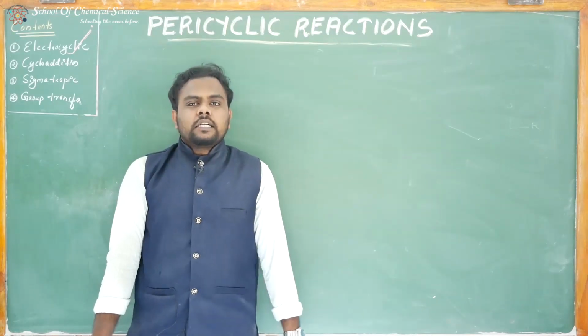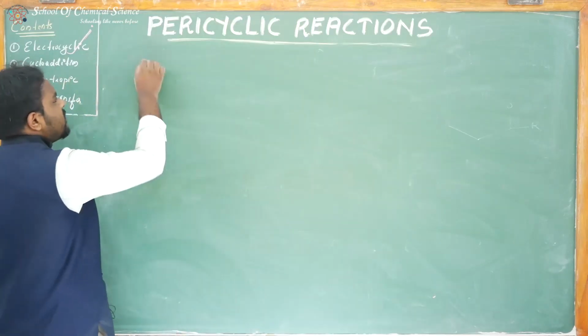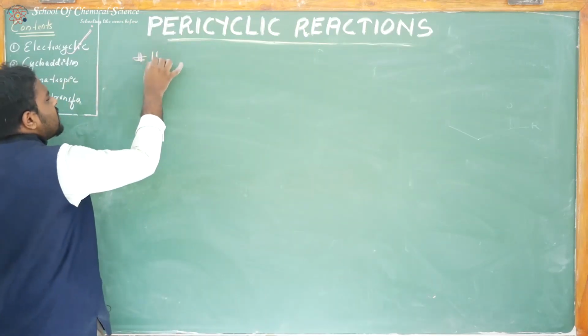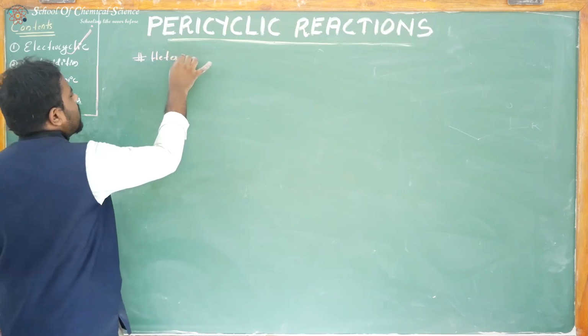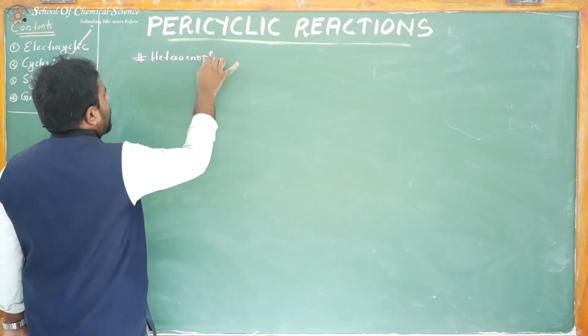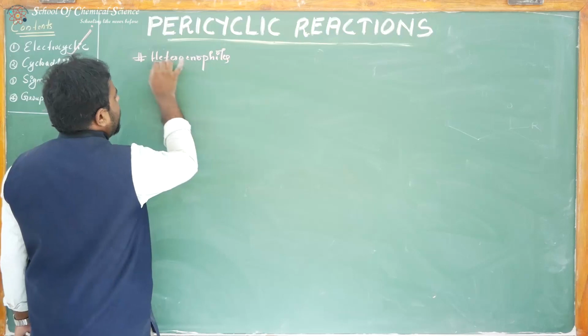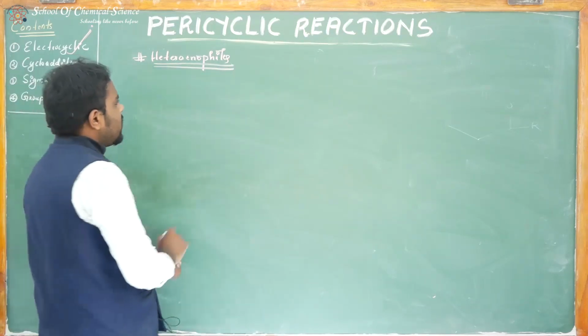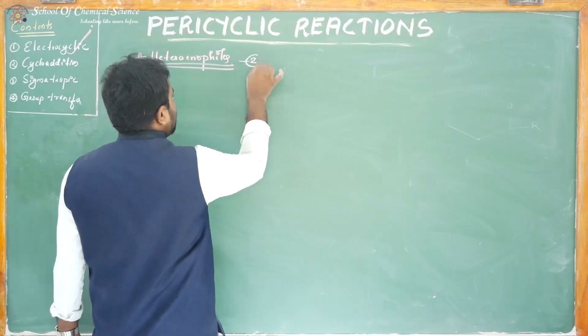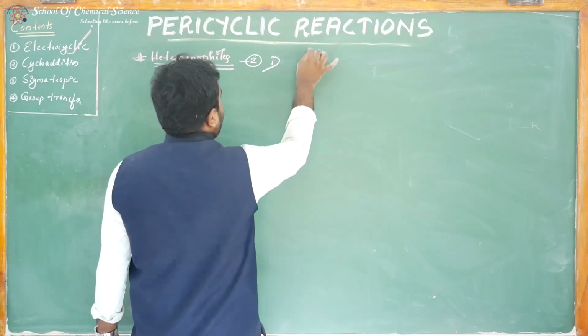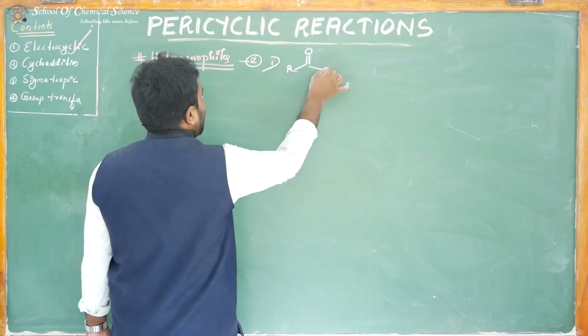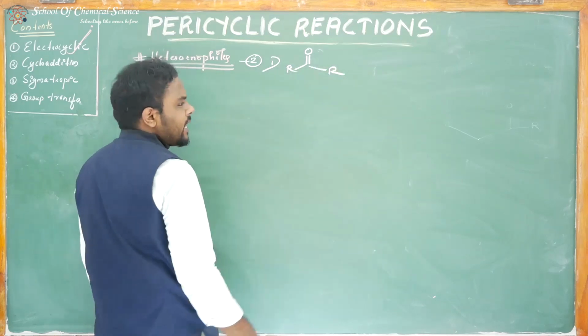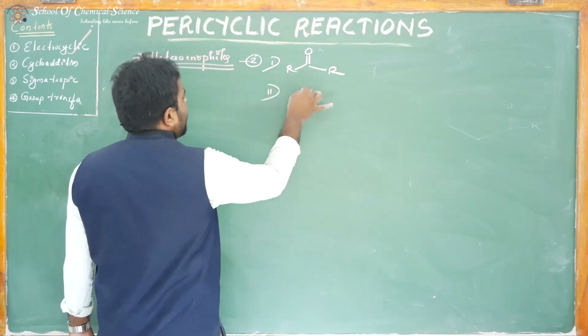Next one: sometimes heteroenophiles are also used. Two popular heteroenophiles are, first, a carbonyl compound, C double bond O. A carbonyl compound can act as a heteroenophile.